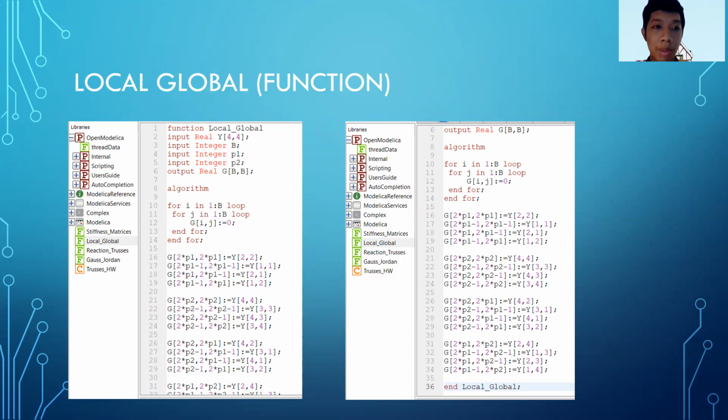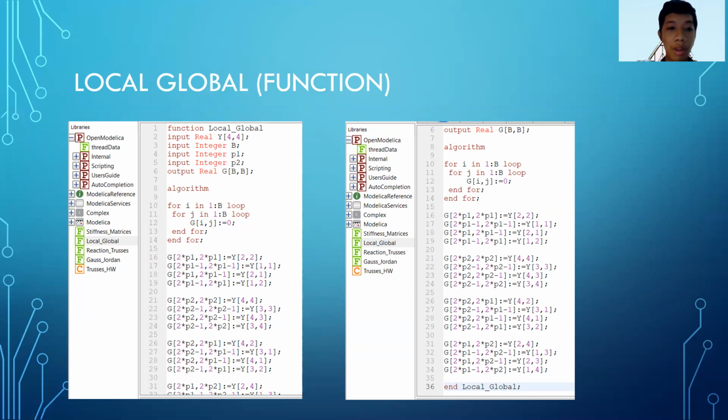We input the integer b, integers p1 and p2, and output real g. P1 and P2 define the location on the x axis or y axis in this beam. We can move to the algorithm, for E in 1 to b a loop and G in 1 to b a loop, also the same.